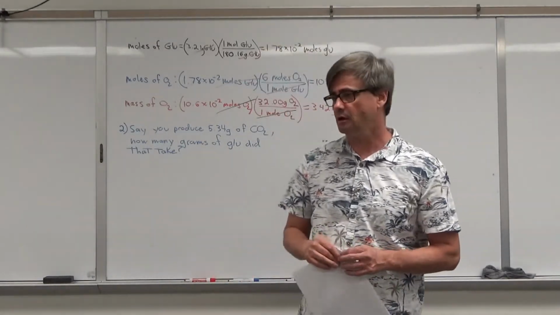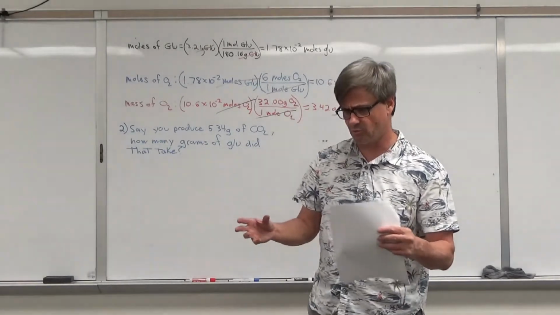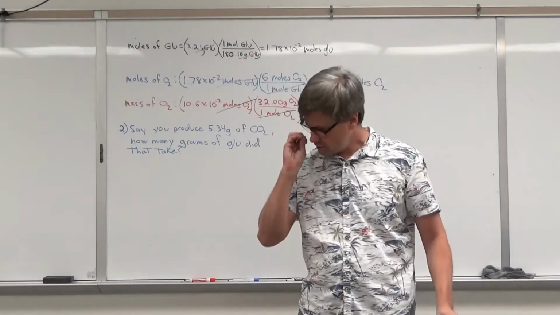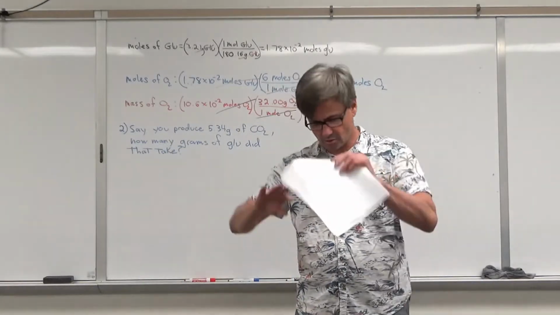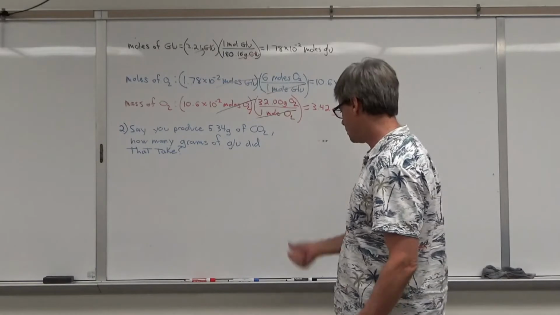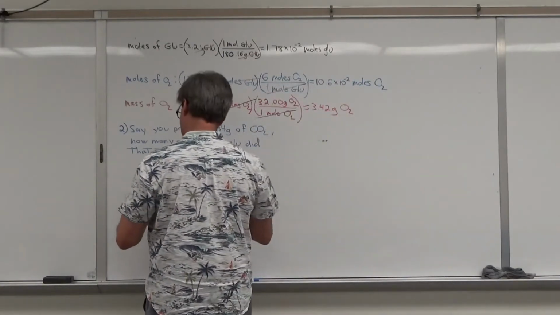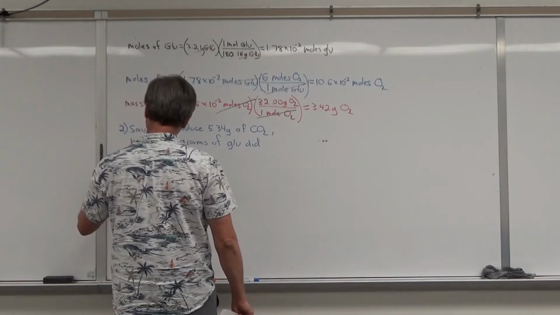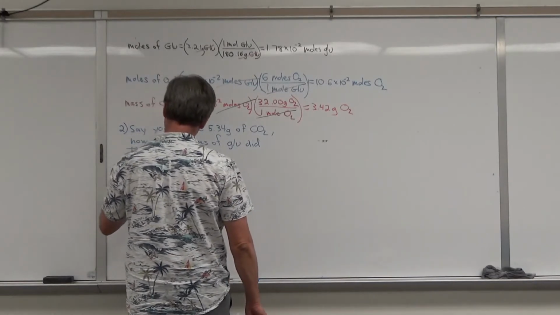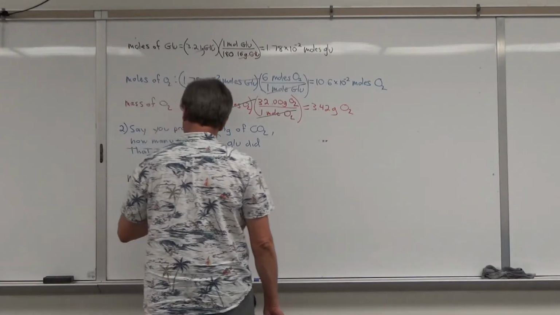Reality has distracting bits when you're trying to solve a problem, but you have to peer through there, not get distracted by the stuff, and figure out what you want. All right, what do we want? We want mass of glucose, okay? So we'll put that here, mass of glucose.